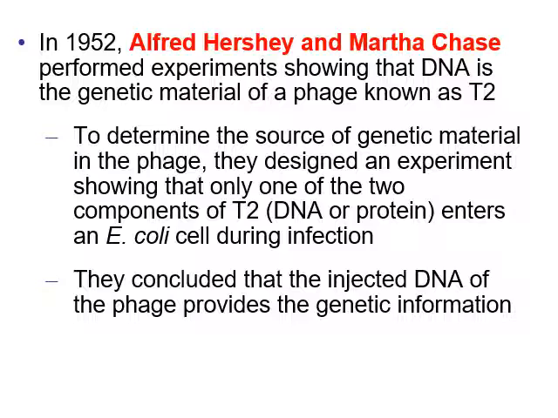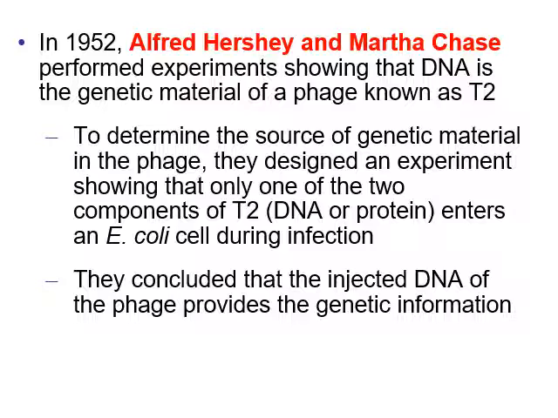They chose bacteriophages, specifically the bacteriophages known as T2, only two components, DNA and protein. What they knew about viruses at the time was one virus has to get into a cell. Once that virus is in the cell, the cell gets hijacked, becomes a virus-making machine.